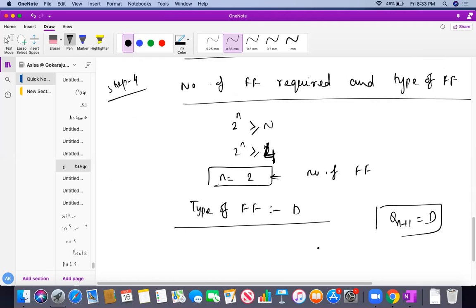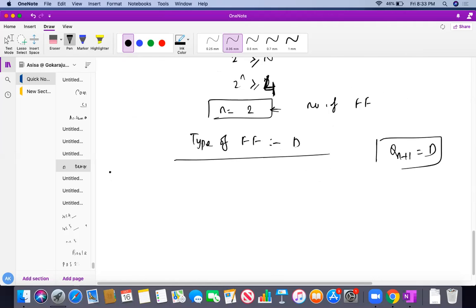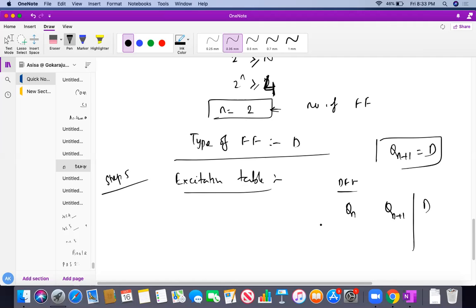Then finally, step 5 would be to find out the excitation table. First you should know the excitation table of the D flip-flop. How is it? We know Qn plus 1, and what is my D? There are 4 possibilities: 0, 0, 0, 1, 1, 0 and 1, 1.